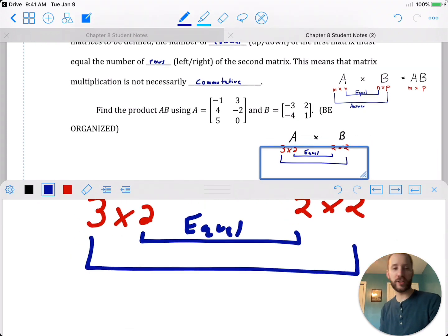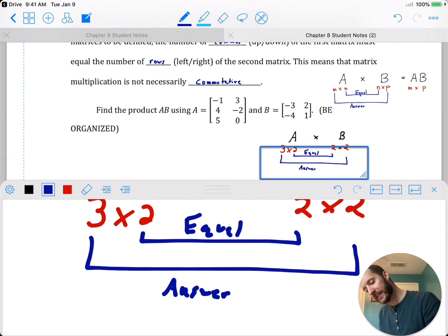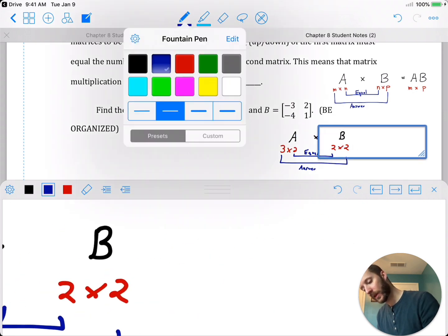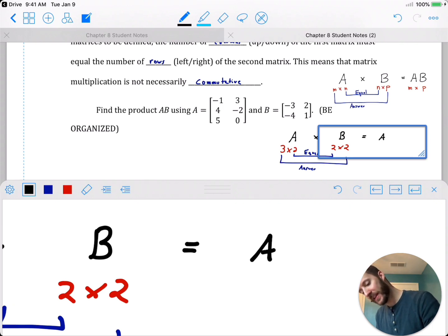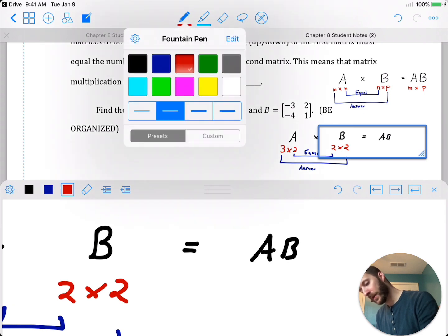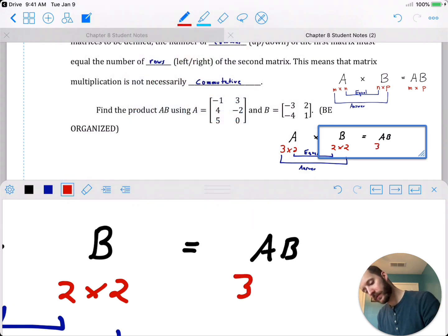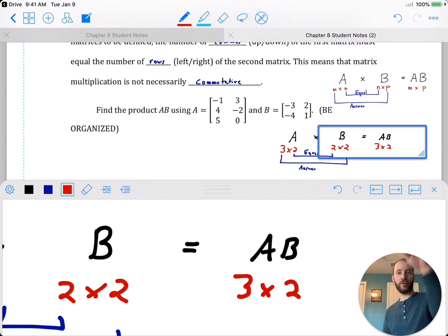And then the outside is going to be the order of your answer. So there's a little predictive quality to this. So we're going to get matrix AB, and that will have an order of 3 by 2. 3 down, 2 over.